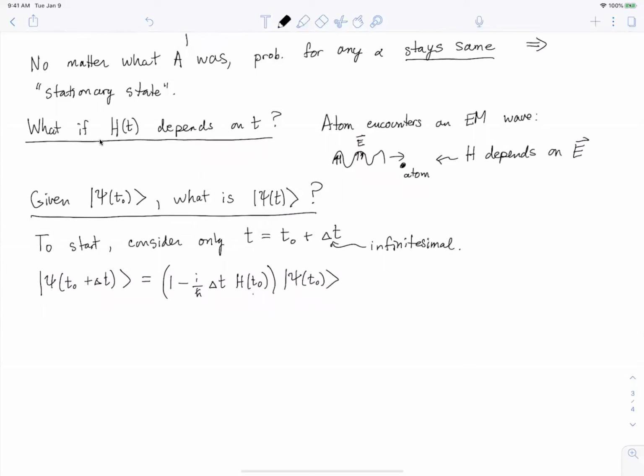And here it doesn't matter. I wrote H of t0, but I could have written anything else as long as I'm consistent. It doesn't matter what I wrote here as long as I'm close to H of t0. So it doesn't matter whether H of t0 or H of t0 plus delta t, because the difference is of order delta t squared.